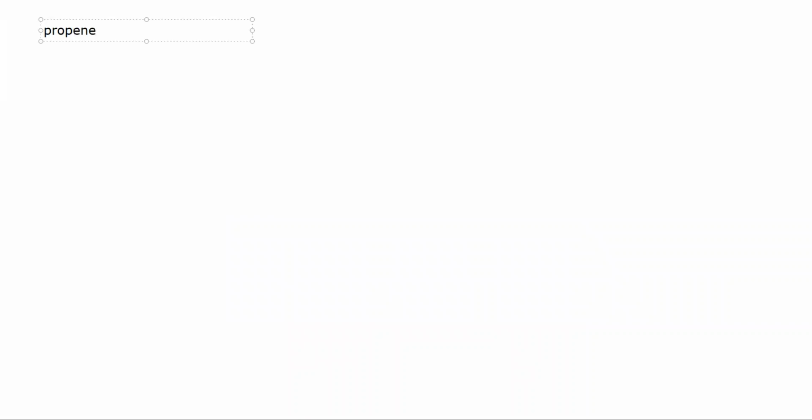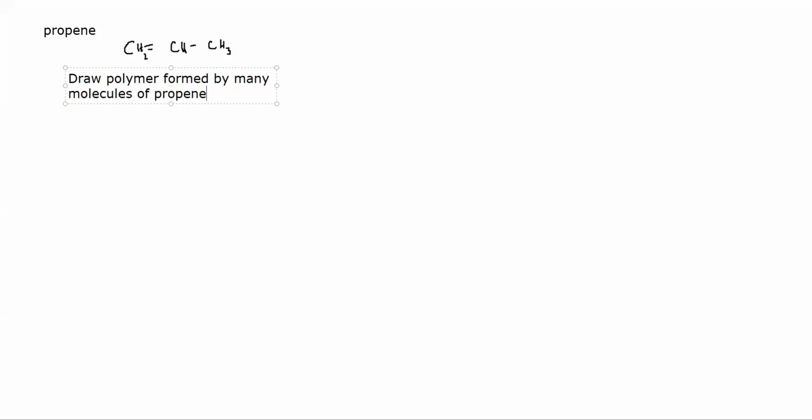Okay. So if I draw the simple structure of propene, prop means 3 carbons, and ene means there will be a double bond. So CH2 will be there, CH will be there, and CH3. Now, if the question is to draw a polymer formed by propene, because many molecules of propene should be there to form a polymer.